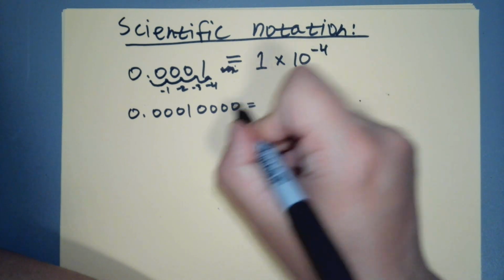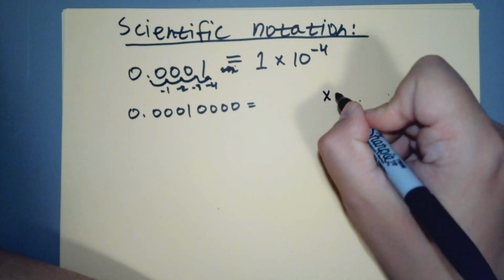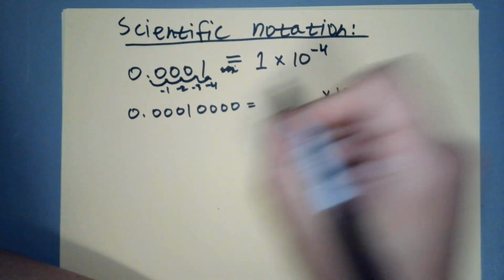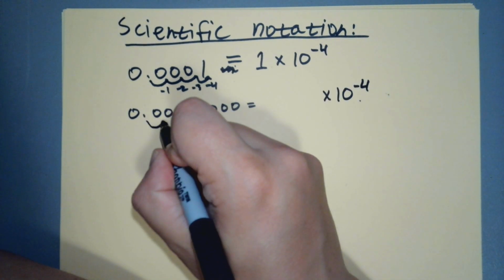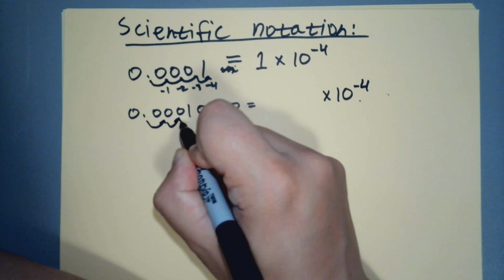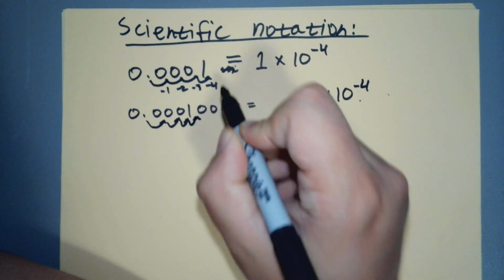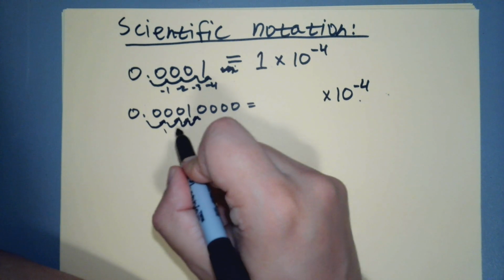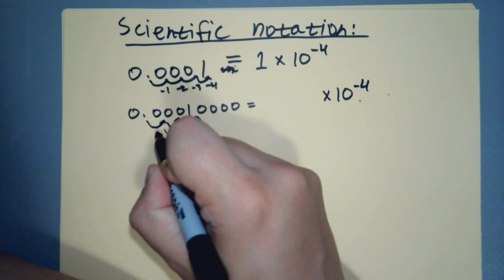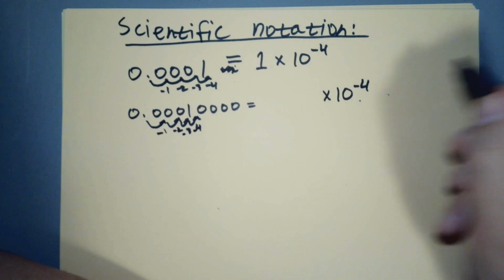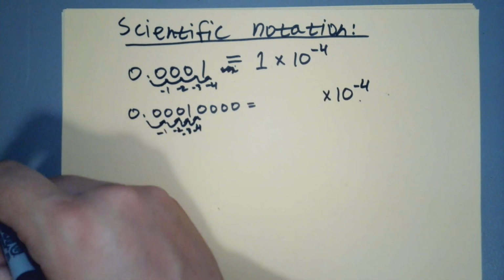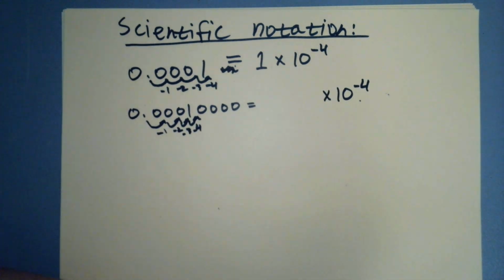And so this is still going to be something times 10 to the negative 4, because in order to get my first significant digit, I need to go 1, 2, 3, 4, and that's negative 1, negative 2, negative 3, negative 4. If you go to the left, you're multiplying by positive powers of 10.